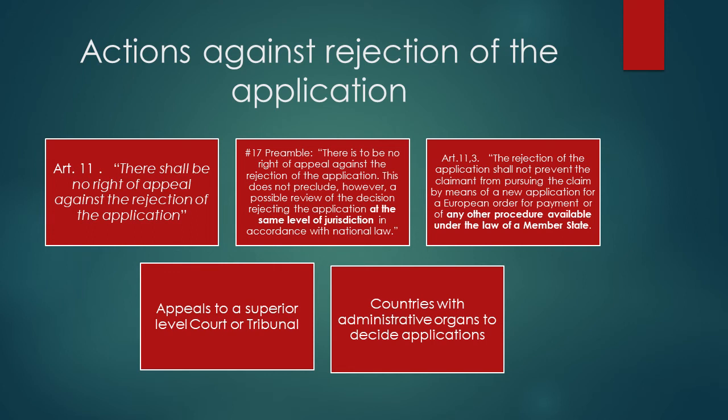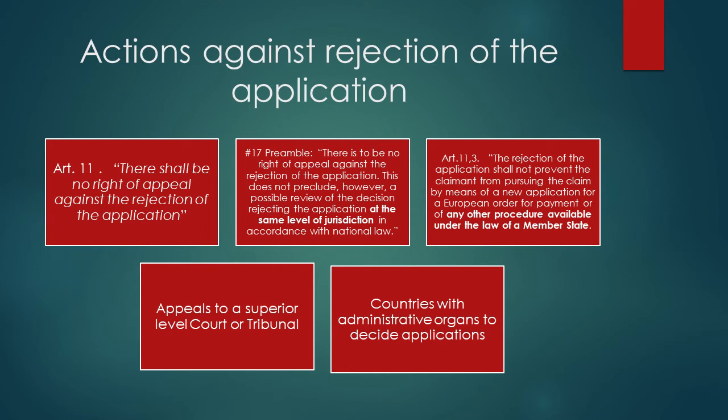We said that not only the possibilities of the court, of the judge, to examine the jurisdiction and if the petition is well grounded or is not abusive can become an issue to the swiftness desired by the legislator of the EOP, but also the possibilities of giving the defendant or even the claimant actions against rejection of the application.